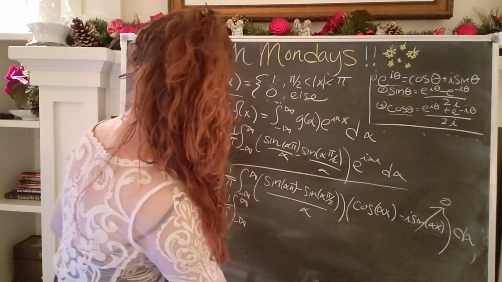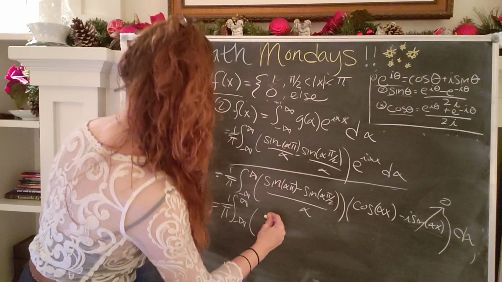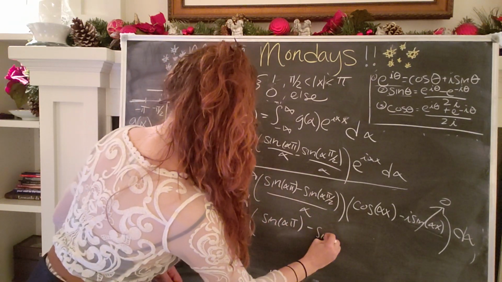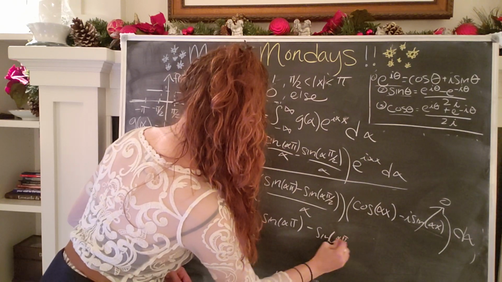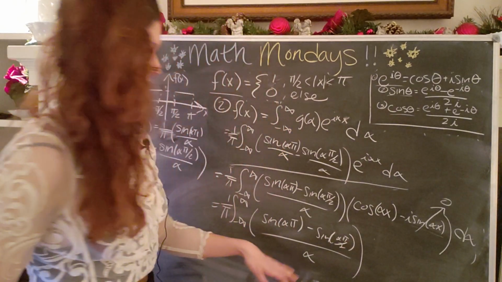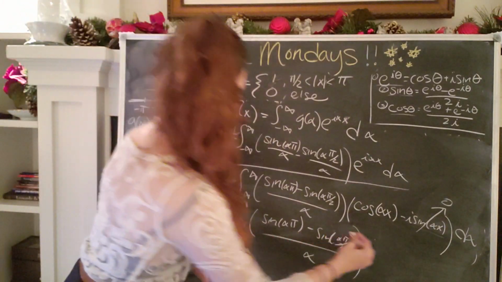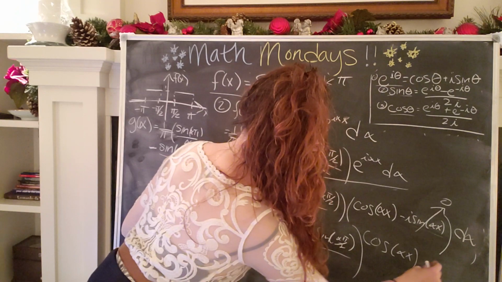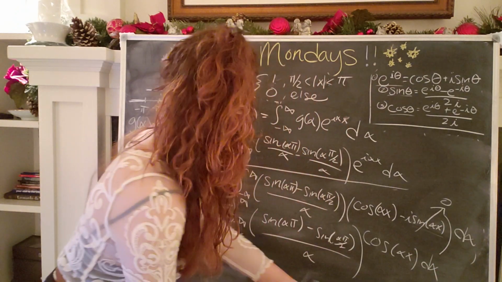Maybe I can write this not crooked. We'll see. Sine of alpha pi minus sine of alpha pi over 2 over alpha times, oh no, still crooked, times cosine of alpha x times d alpha.